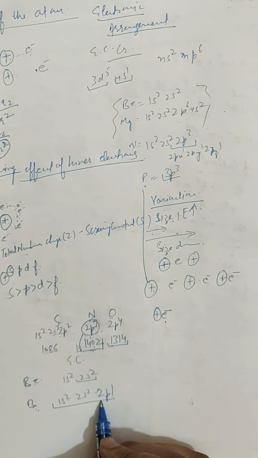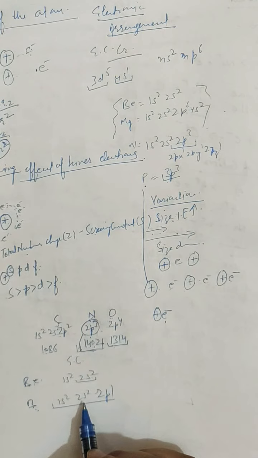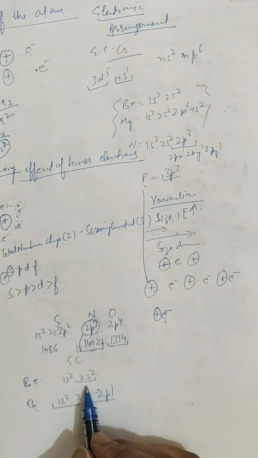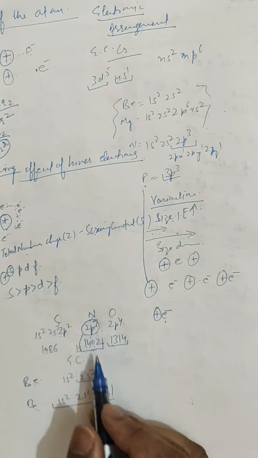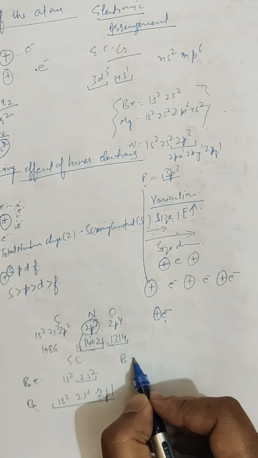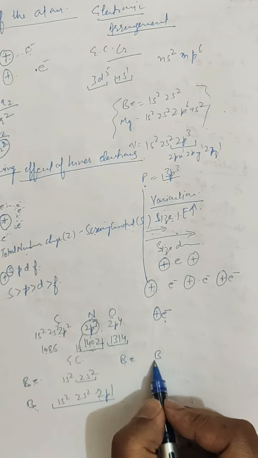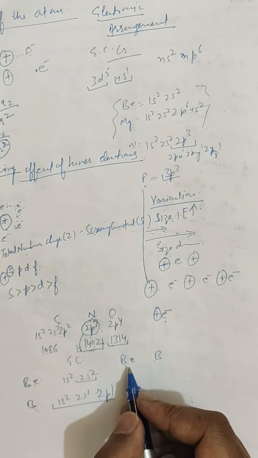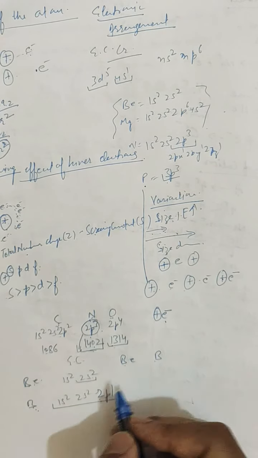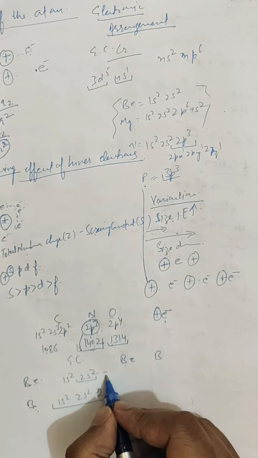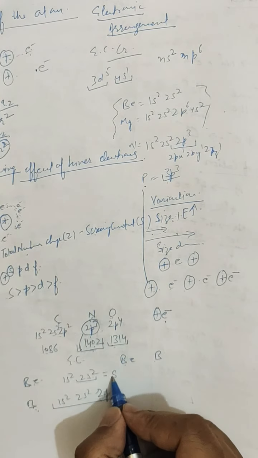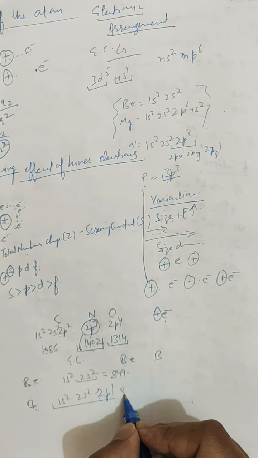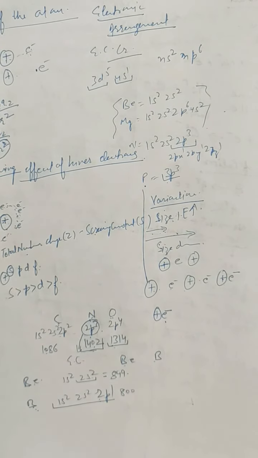So you can say from here that the ionization energy value of beryllium will be higher as compared to boron, although they are in the same period. We said in the general trend that ionization energy increases along a period, but here the value for beryllium is 899, whereas for boron it is 800 kilojoule per mole.